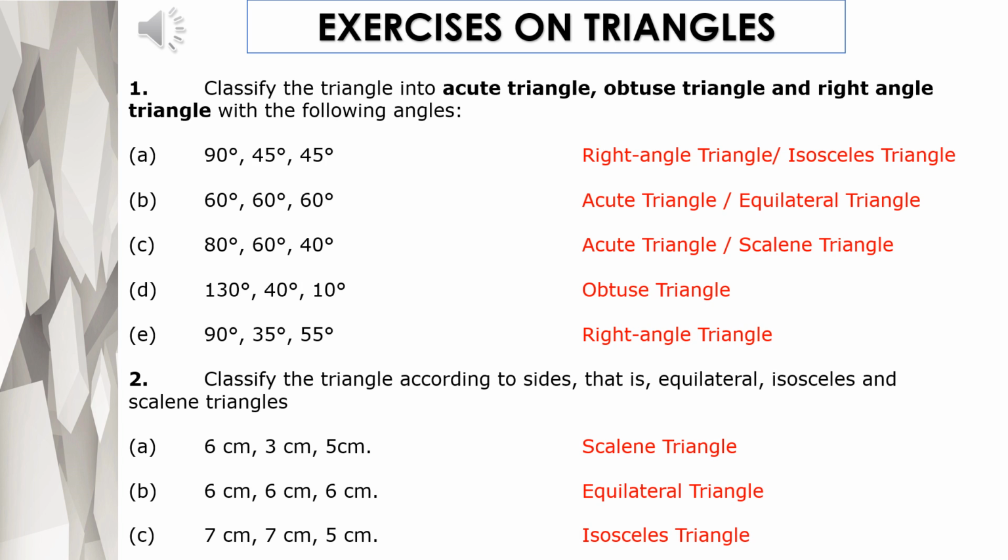The first one, A, is a scalene triangle because all 3 sides are unequal. B is an equilateral triangle because all 3 sides are equal. And C is an isosceles triangle because 2 sides are equal.